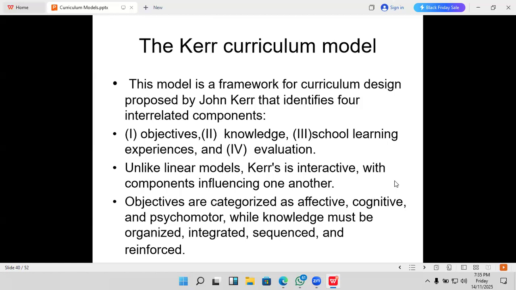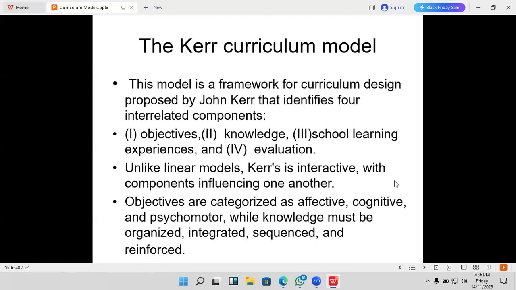Some people use knowledge. School learning experience is a new term. Kerr has added school learning experience and evaluation. Even though they have used some different names, it gives the same meaning.